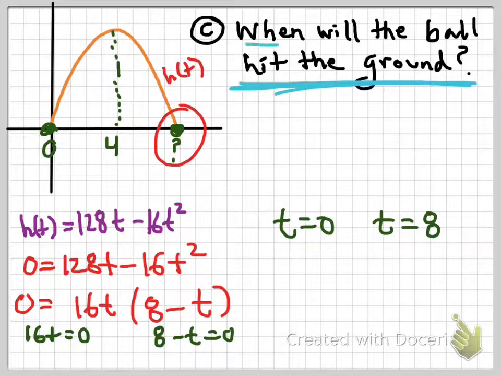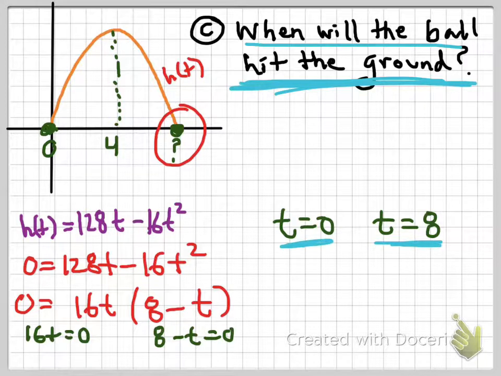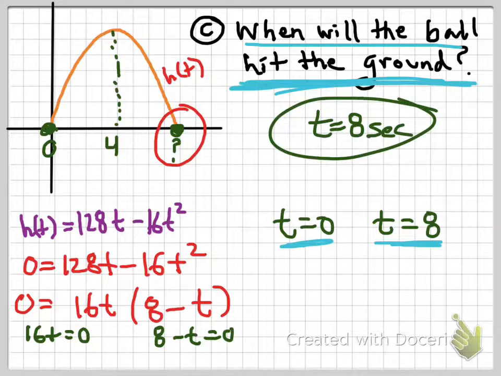When will the ball hit the ground? Well, it's not going to hit the ground at 0. That's when it starts. It's going to hit the ground at 8. So my final answer is time equals 8 seconds. That's when the ball hits the ground. Takes 4 seconds to go up to the top. Takes 4 seconds to land back down on the ground.